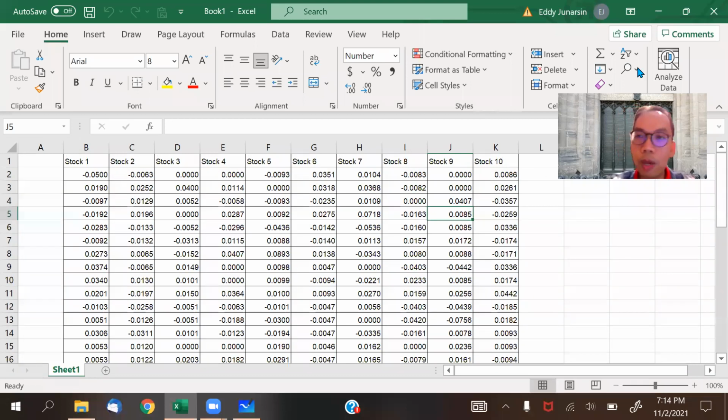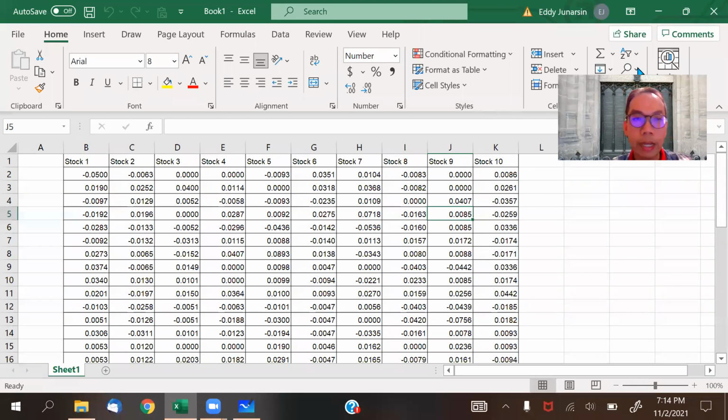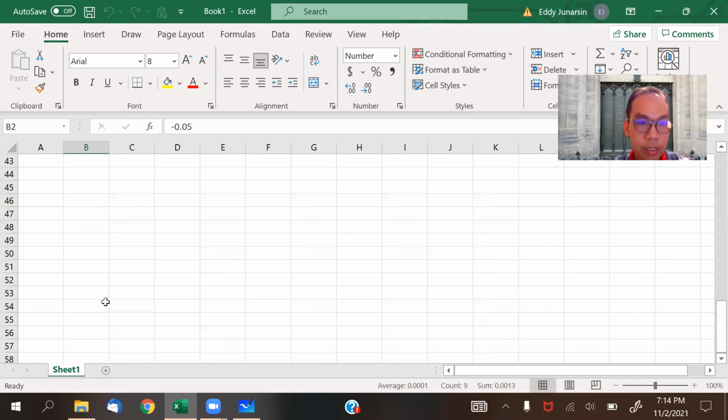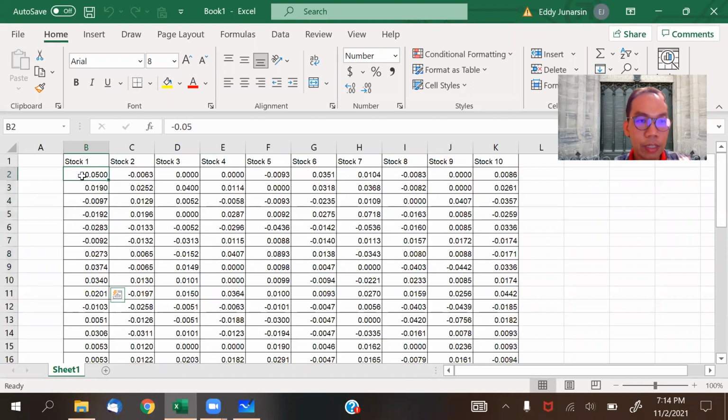Suppose we have 10 stocks taken randomly, and I got the daily returns for several days. So these are daily returns for 10 stocks. We assume that we could build whatever available portfolios or attainable sets of portfolios using the 10 stocks.